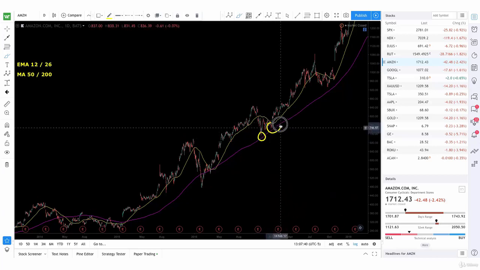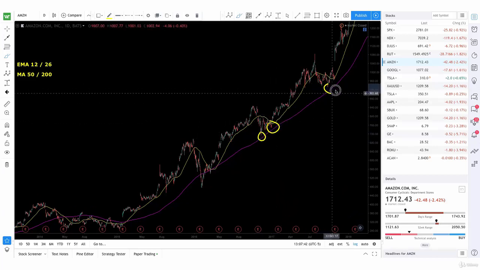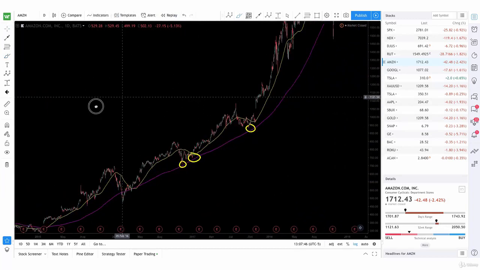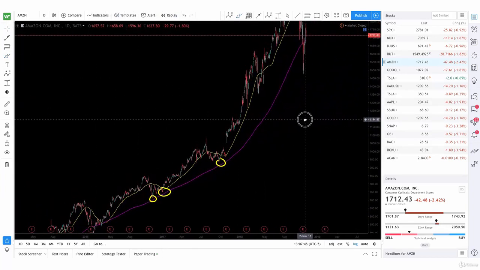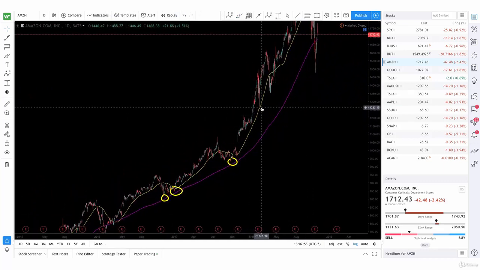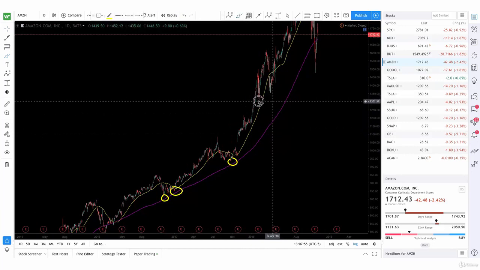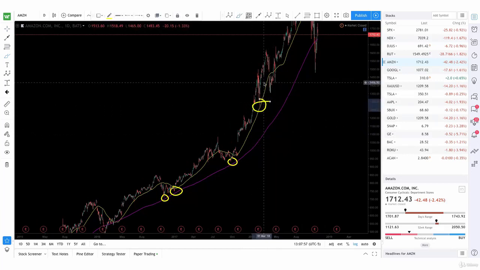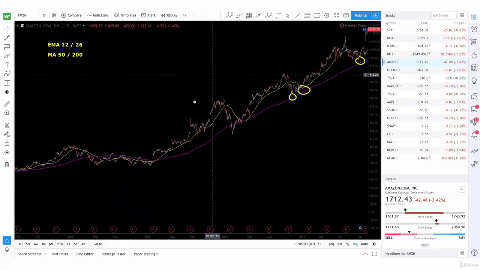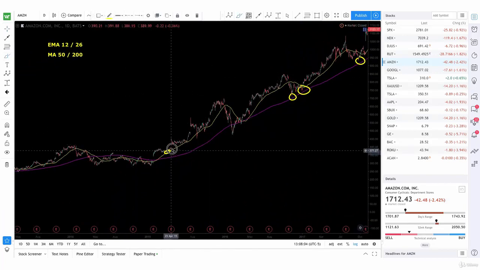Here, it came down, barely touched down here as well. So it'll be a dynamic support. Okay, even the 50 is going to work. See how it bounced right here. Okay, so many times. Right here, utilize it as support all the way up.